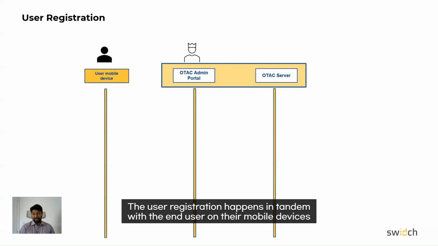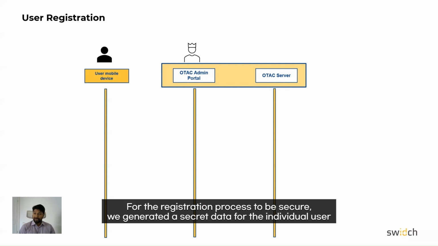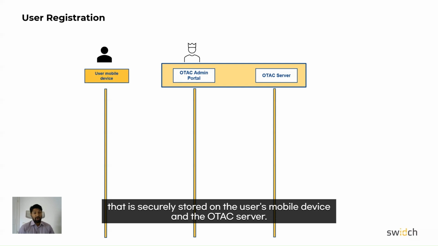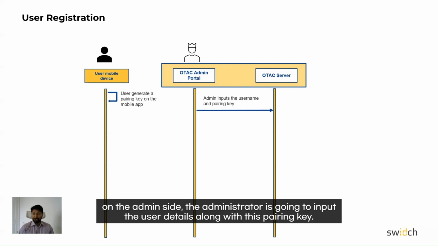The user registration happens in tandem with the end user on their mobile device and the administrator logged into the OTAC admin portal. For the registration process to be secure, we generate a secret data for the individual user that is securely stored on the user's mobile device and the OTAC server. Now, the user's mobile app will generate an 8-digit pairing key. On the admin side, the administrator is going to input the user details along with this pairing key.